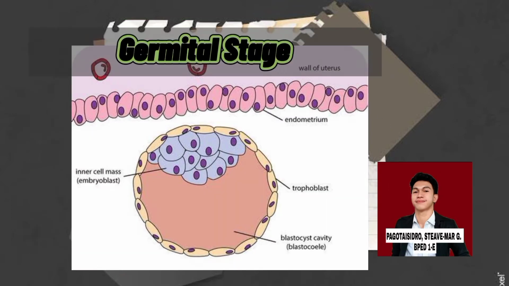Germinal stage. The germinal stage begins at conception when the sperm and egg cell unite in one of the two fallopian tubes. The fertilized egg is called a zygote. Just a few hours after conception, the single-celled zygote begins making a journey down the fallopian tube to the uterus.